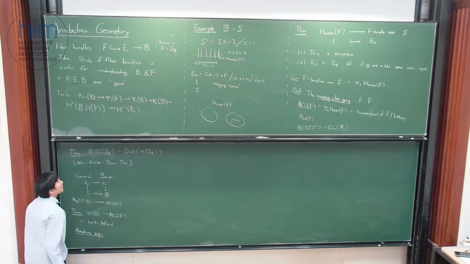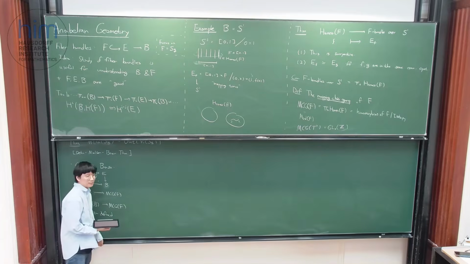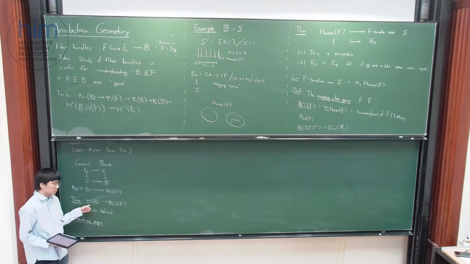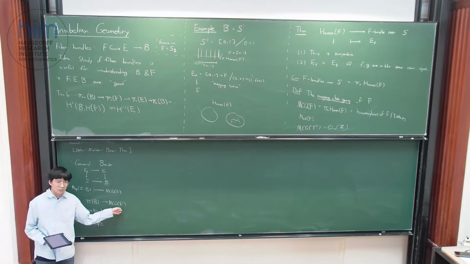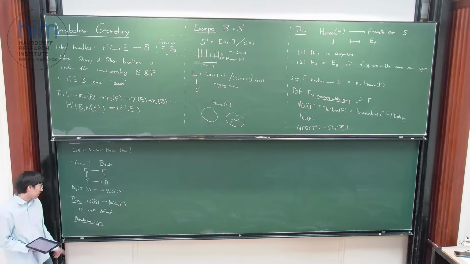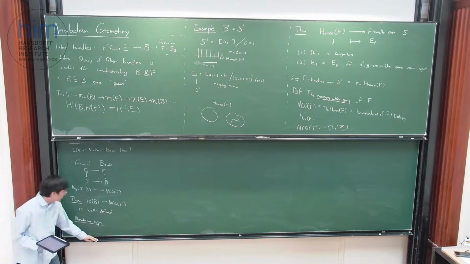Again, there are several different notions of monodromy representations, because sometimes people consider the representations of pi_1 on various homology groups of F and call them monodromy representations, but in this talk I will call this the monodromy representation, because basically everything comes out of that.